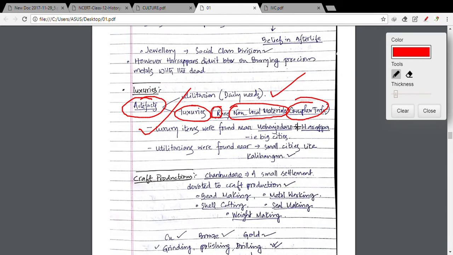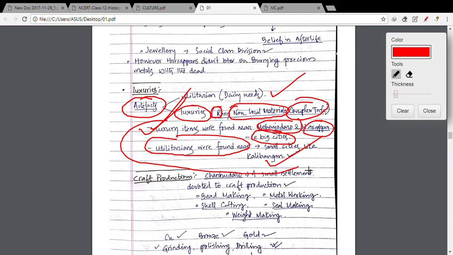Now near Mohenjo-daro and Harappa, which are actually big cities, we can find the luxury items. And the utilitarian were found near the small cities like Kalibangan. So we can say that there were some big cities and there were some small cities. So that means there were divisions in the society among the people.